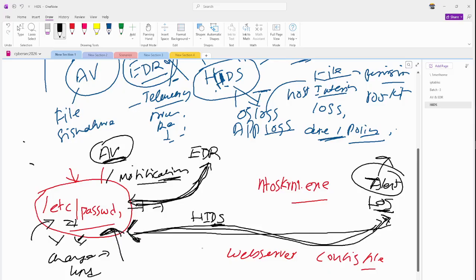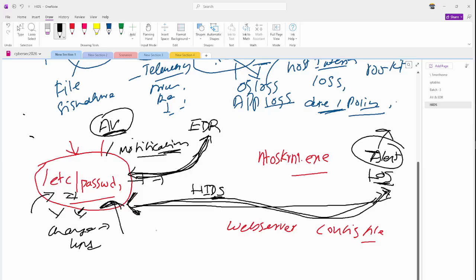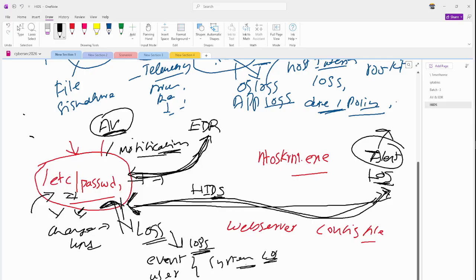So whatever logs are generated, it will capture those logs: your event log, user log, system log, whatever logging is happening inside the system. It will check those particular logs, take the information and send it back.